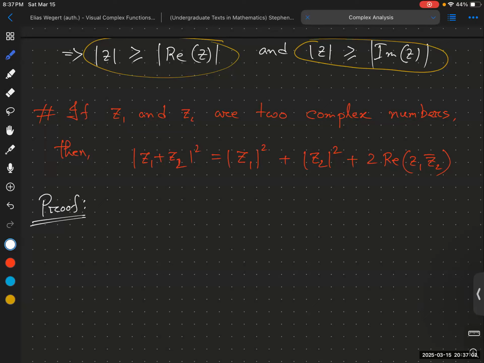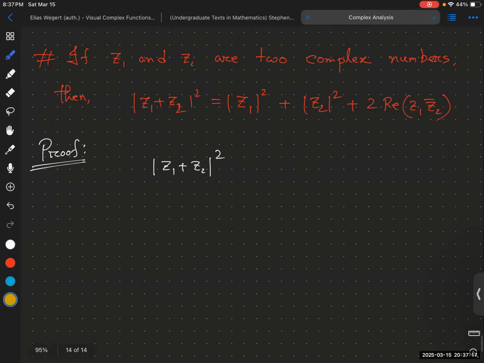To prove this equality, we need the properties of the conjugate of a complex number and the modulus of complex numbers. So let's start with the modulus of Z1 plus Z2 squared.